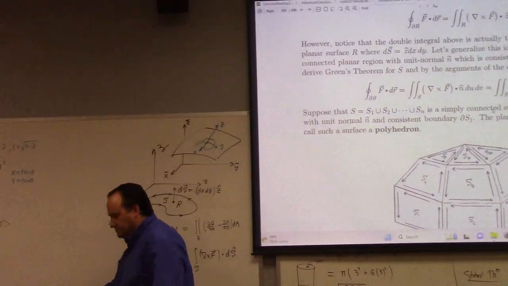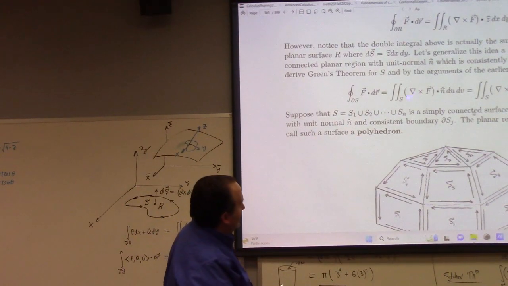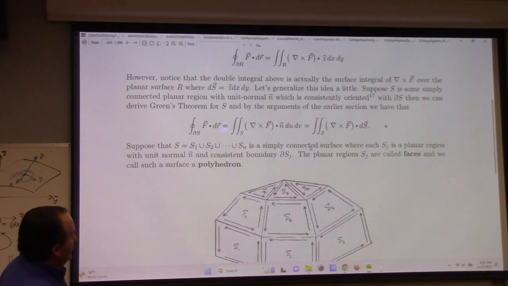if you think about this, I can adapt Green's theorem to say, well, what I really have is that if I have a little planar region with coordinates u and v, then the integral around the boundary of a little planar, closed polygonal region like this will be equal to the integral of the curl over the surface, the component of the curl in the normal direction to the surface, du dv.